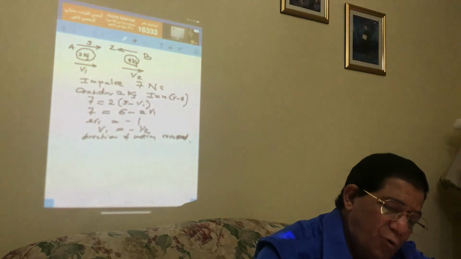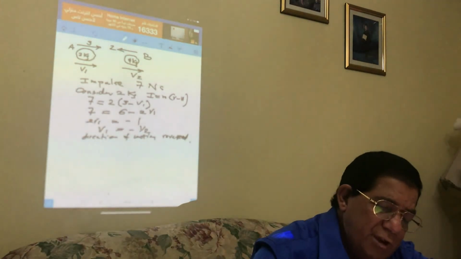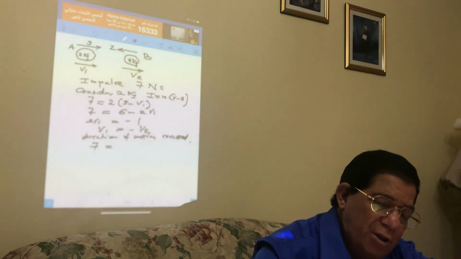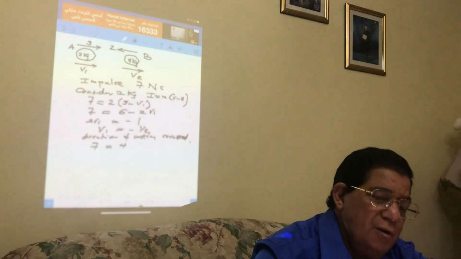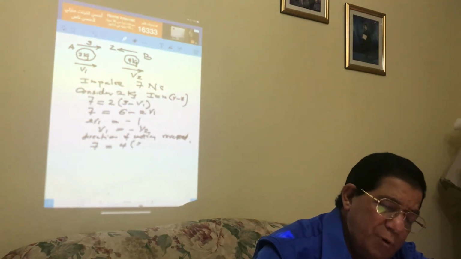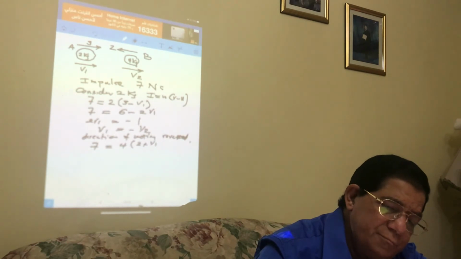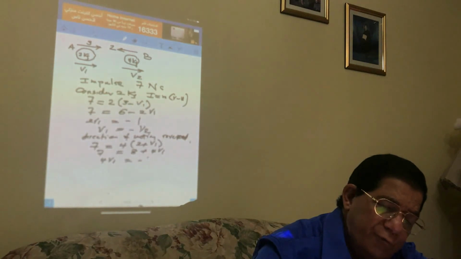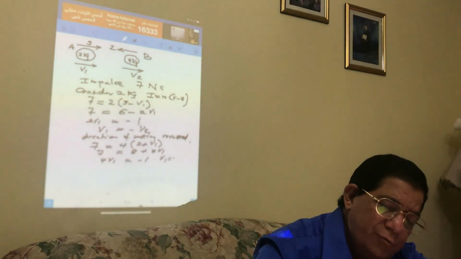We go to the 4 kilogram. The same, 7 equals the mass 4 times the velocities. The 2 velocities are in opposite directions, so we add them, 2 plus v1. So 7 equals 8 plus 4v1, 4v1 equals negative 1, therefore v1 equals negative 1 over 4.